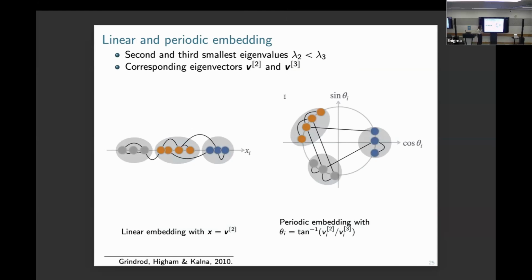In the periodic embedding, we want to find the phase angle, but we need to use some heuristic to find the angle because we'll get a real-valued eigenvector. So we take theta to be the arctangent of the Fiedler vector divided by the third smallest eigenvector.